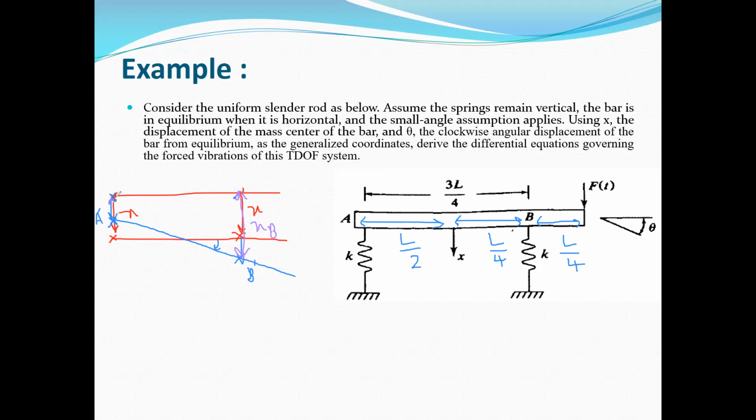And this length is called XA. So here you can conclude that XB in fact is equal to X plus this term, which is added to the X, and it's equal to L over 4 times theta.